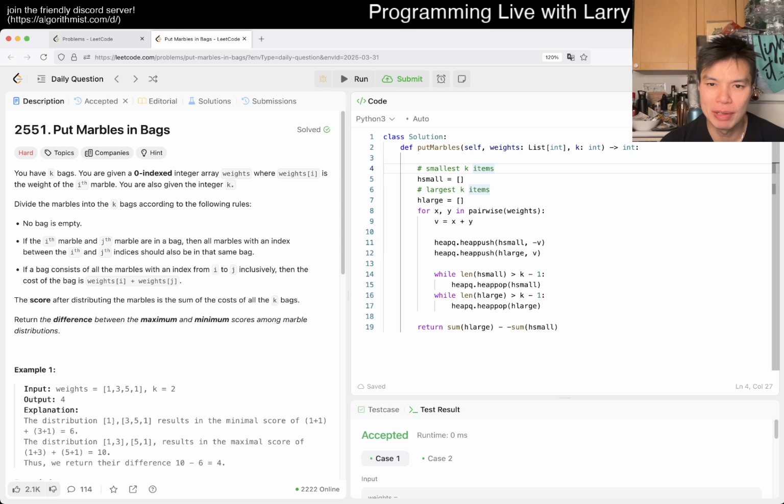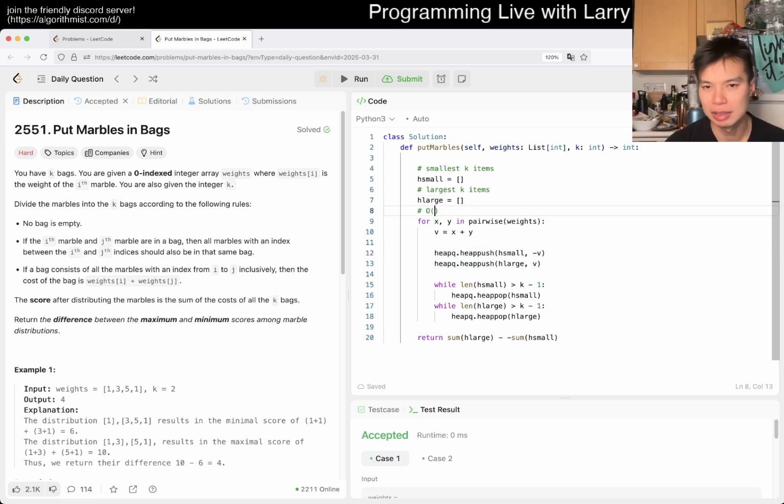What's the complexity, right? Well, because they're adjacent pairs, there are O of n pairs of numbers, and for each we're going to do a log k operation, so it's going to be n log k, and that's it, really. And the space total is just O of k, because each of these heaps has k items.